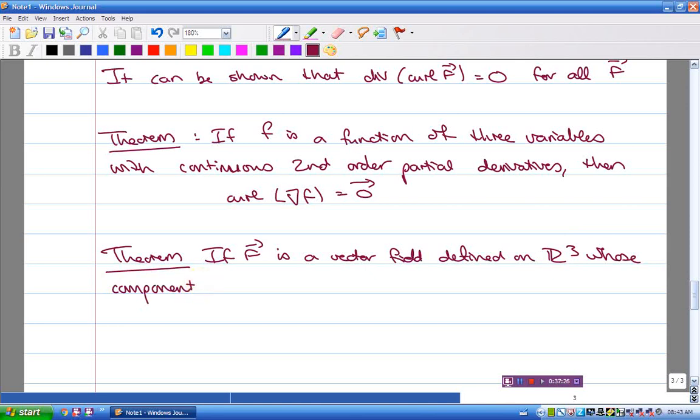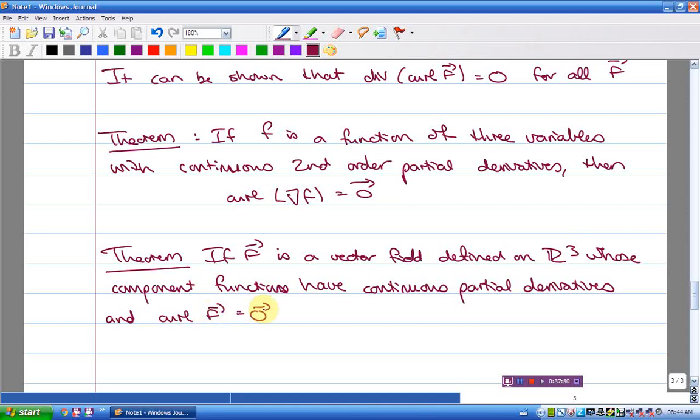It's a 3D vector field, whose component functions have continuous partial derivatives, and curl F equals 0, which implies, in fact it's not equivalent, then F is a conservative vector field.